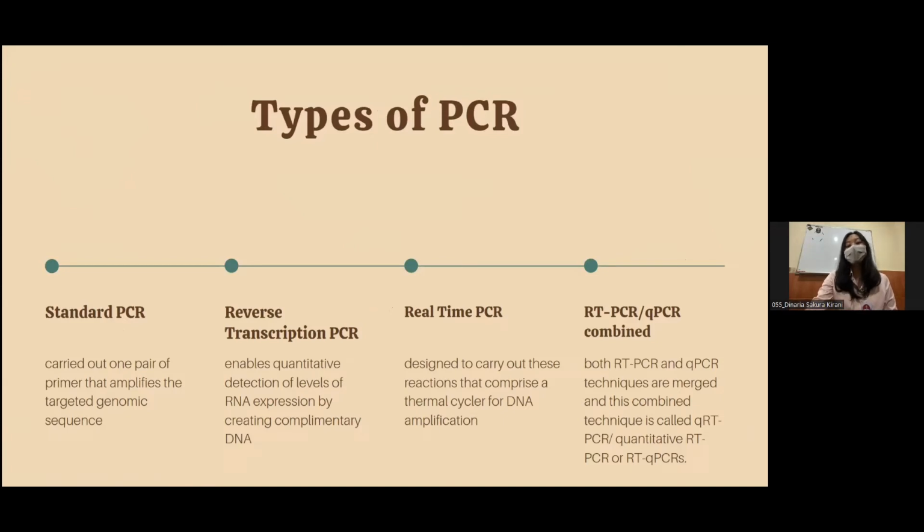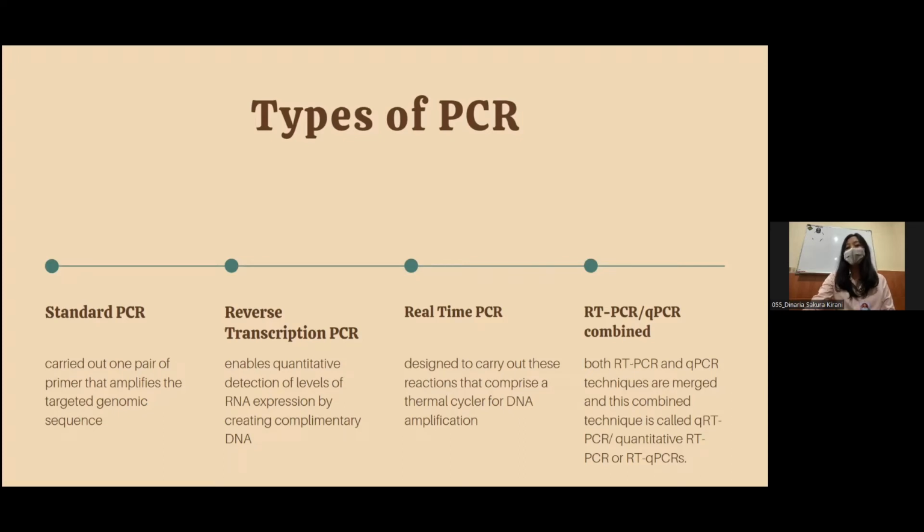The first one is standard PCR, which is carried out with one pair of primers that amplifies the targeted genomic sequence. The second type is reverse transcription PCR, which enables quantitative detection of RNA expression levels by creating complementary DNA.